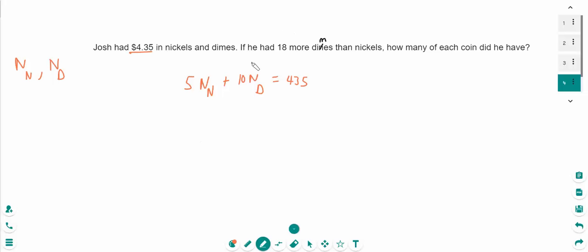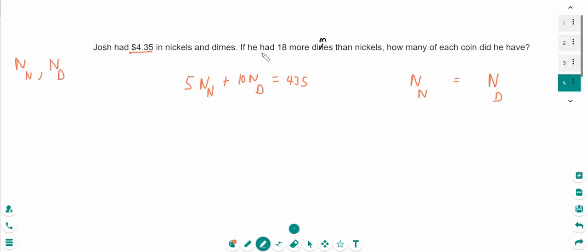Now our second equation has to deal with the count, the number of coins we're looking at. And they tell us that he had 18 more dimes than nickels. So we have our number of nickels. And again, I'm trying to make that equal to the number of dimes. I'm trying to get this into some form of an equation here.